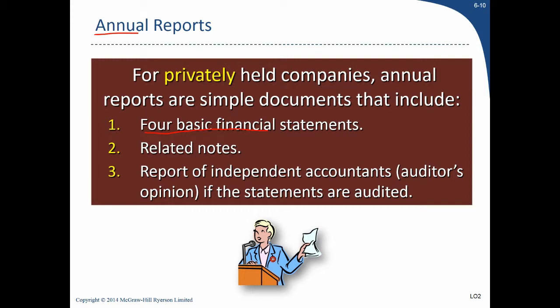At minimum, you'll include those. You'll include the notes to the financial statements. The notes have a lot of detail about what's happening within the financial statements. And it will also include the report of independent accountants, or the auditor's opinion.